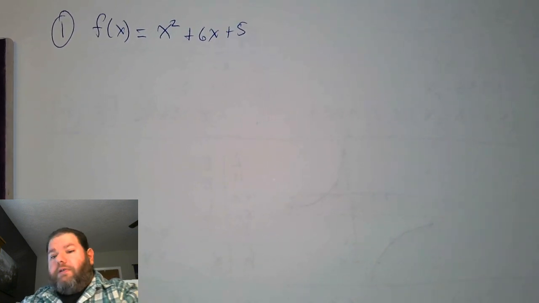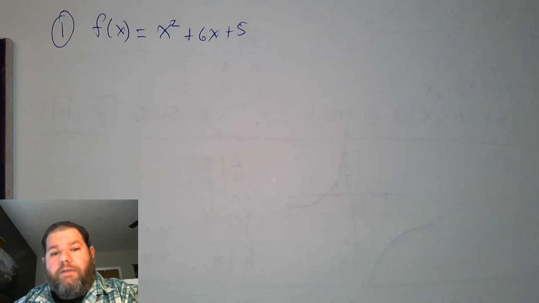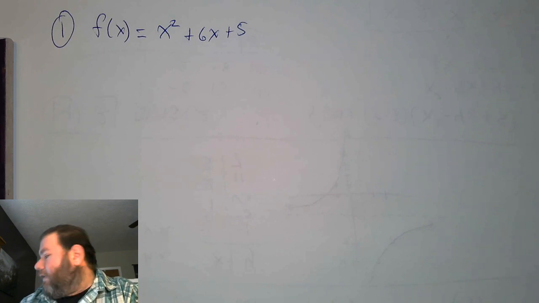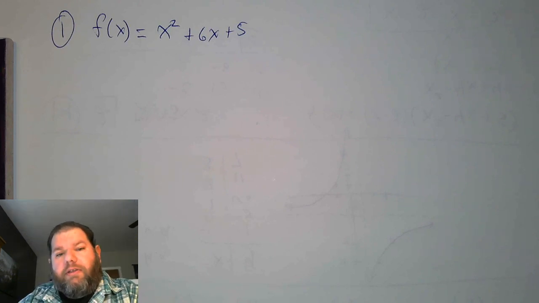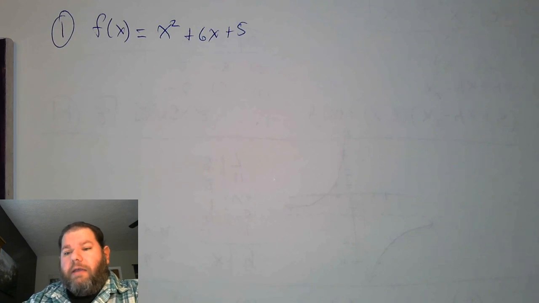So we want to sketch the graph of this function using the vertex and the intercepts. And it says axis of symmetry. I'm not going to worry as much about the axis of symmetry. Yeah, Amanda, if you want to go ahead and list those out, that's fine. And that may get us through the whole class.